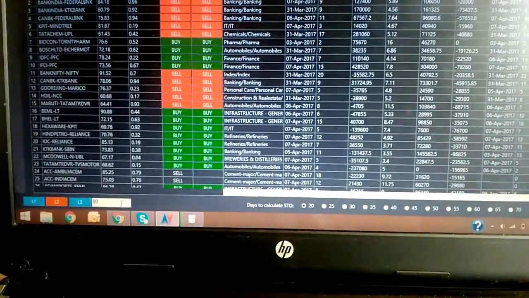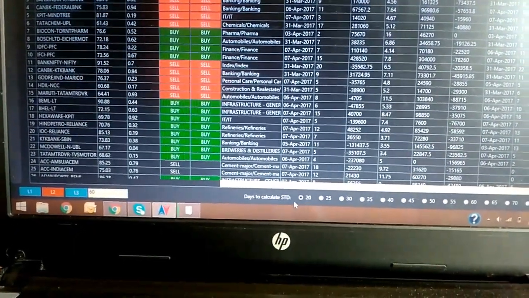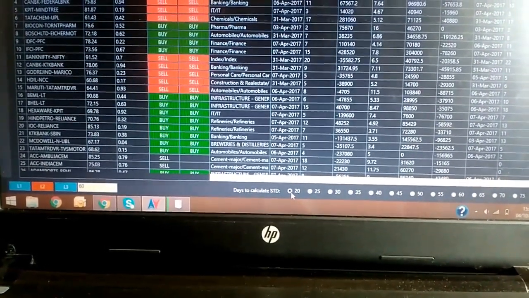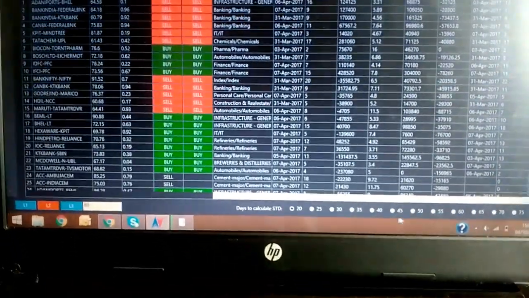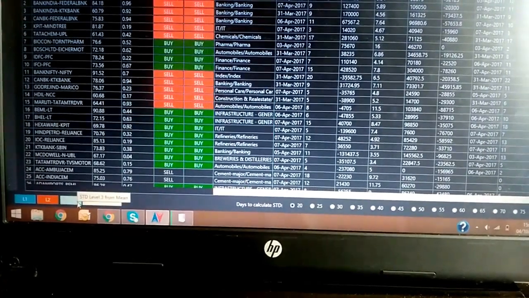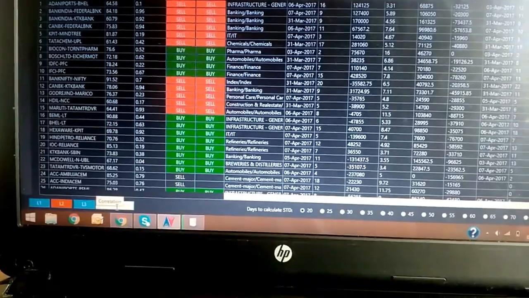It's better you go for L2, and the minimum correlation is 60, and days to calculate standard deviation is 20 days. However, depending upon your experience, you can take days like 45 days, 70 days, or 75 days. You can even go for L3, or keep increasing the correlation from 60 to 90.